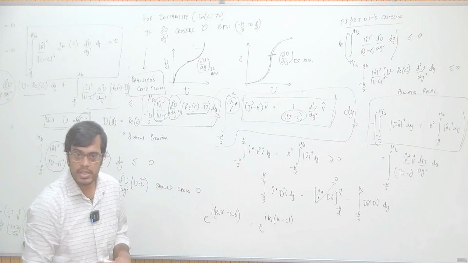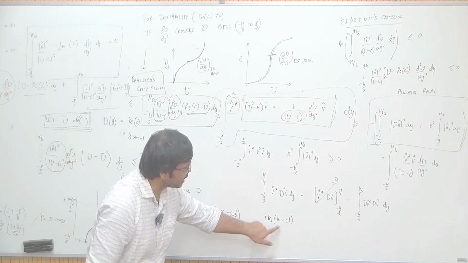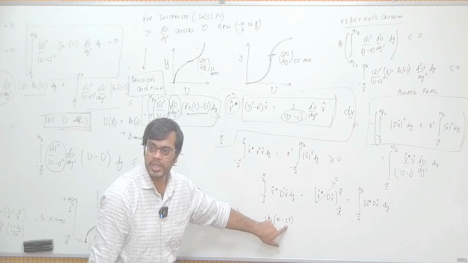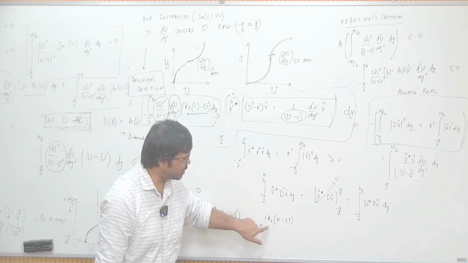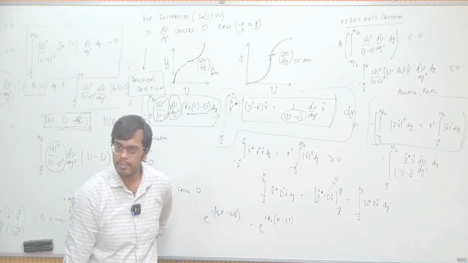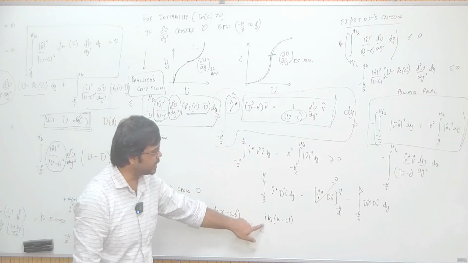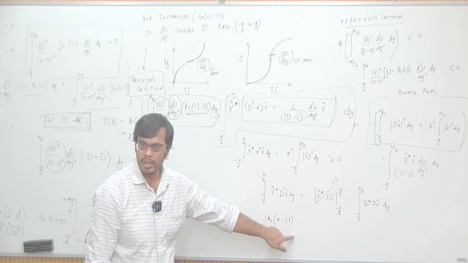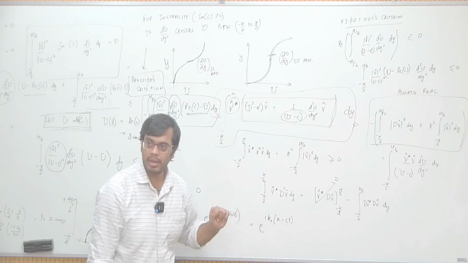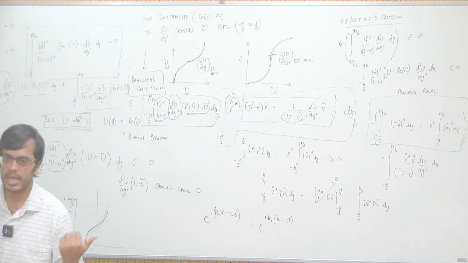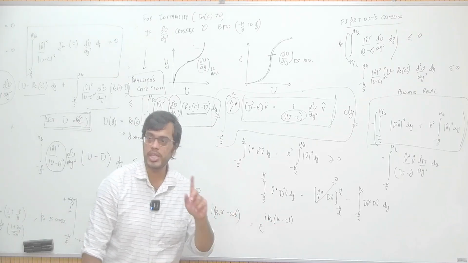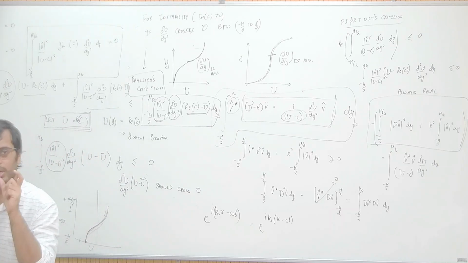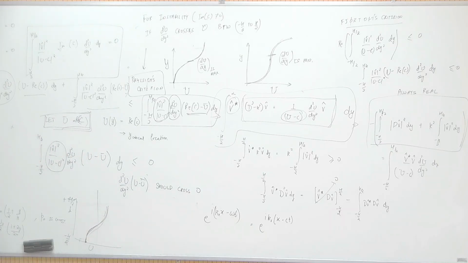The only way this is going to grow in time is when the imaginary part of C is what? This is minus i c t. The imaginary part of C should be positive, since i times i is minus 1, and minus 1 times minus 1 is plus 1. So if your imaginary part of C is not just nonzero but also positive, only then you have instability, and that is a sufficient criterion.